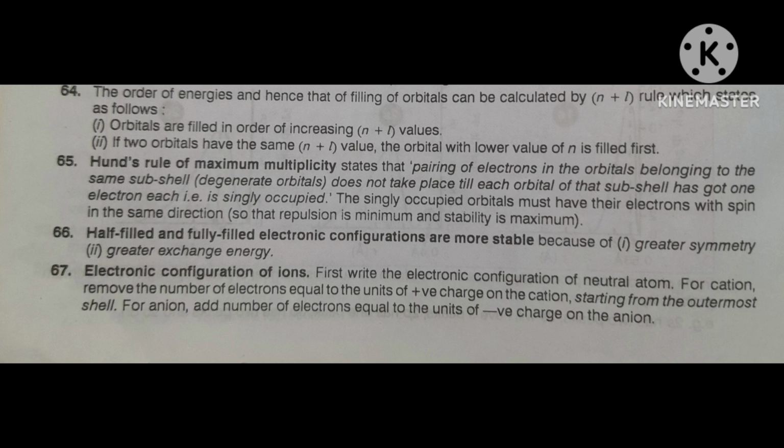Degenerate orbitals means they will have almost the same energy. For example px, py, pz are degenerate orbitals. Their energy differences are very, very small, almost the same. This is called degenerate.